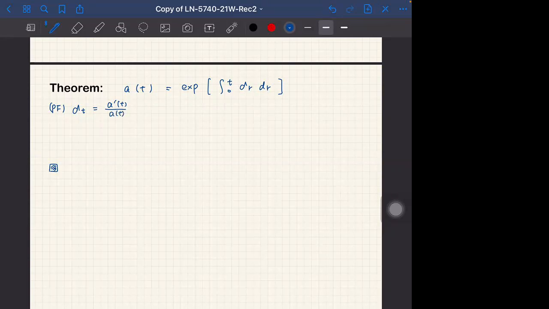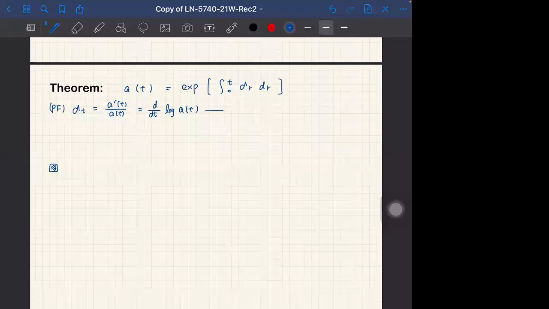The key idea here is that this quantity is the derivative of a of t with respect to t, so this is actually the derivative of log of a of t. The formula for the derivative of log of a of t is a prime of t over a of t.